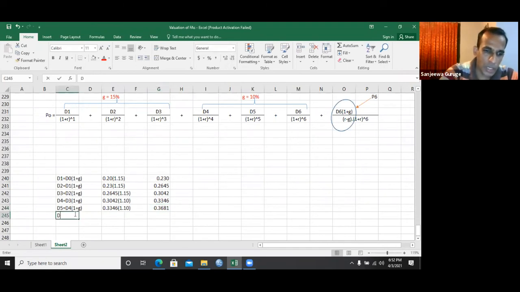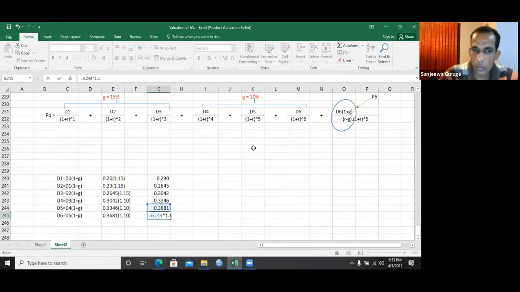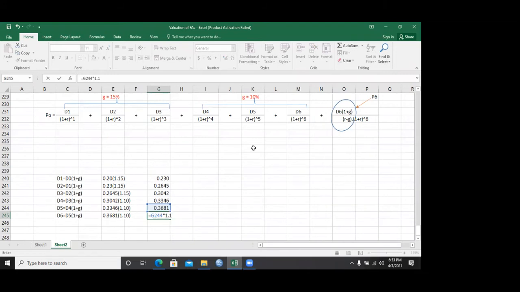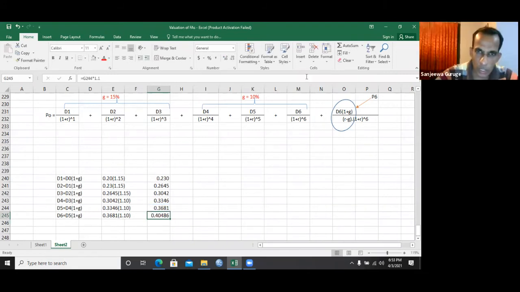And then we can calculate D6. D6 equals D5 into 1 plus G. D5 you already calculated, 0.3681 into 1.10. That is D6 equal to 0.4049.